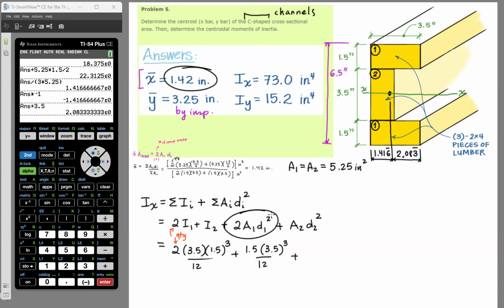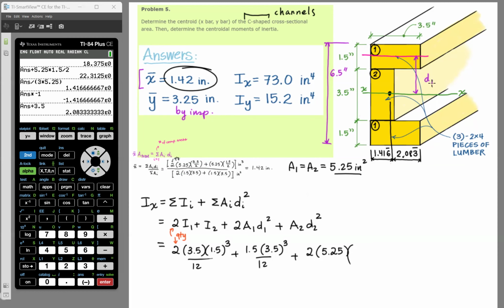Now let's get into our areas times distance squared. 2, my area of A1 is 5.25 inches squared. And for the distance, I basically want to measure the perpendicular distance between the parallel axes. So from here to here is D1.